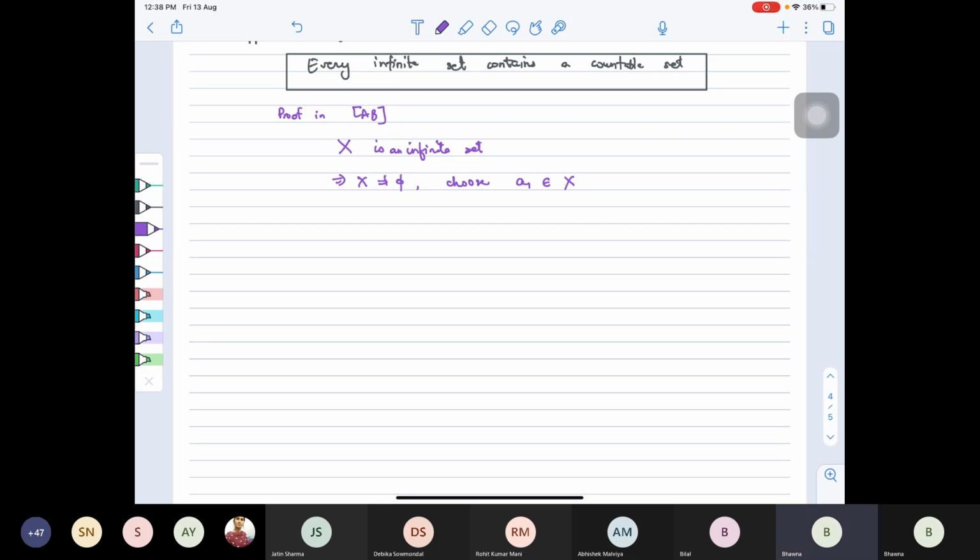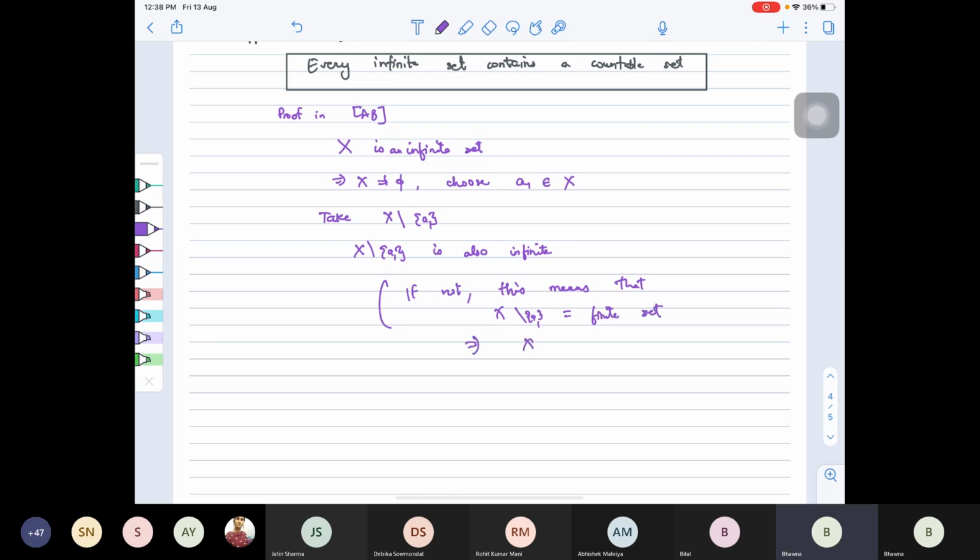Now if I take X minus singleton A1, since X was infinite, this is also non-empty. X minus A1 is also an infinite set, because if it is not infinite, then X minus A1 is equal to some finite set.